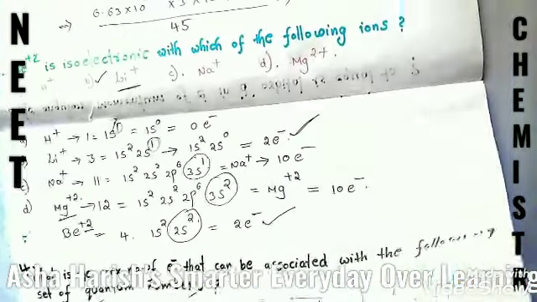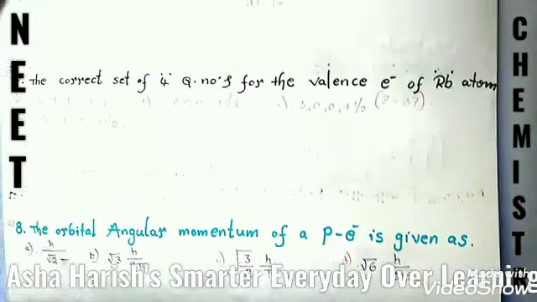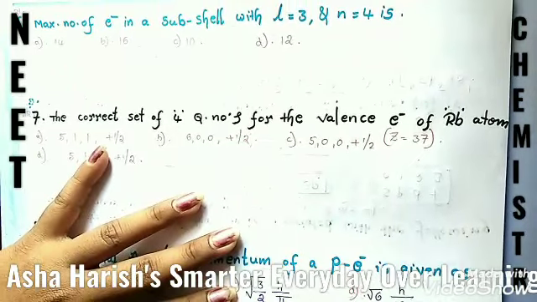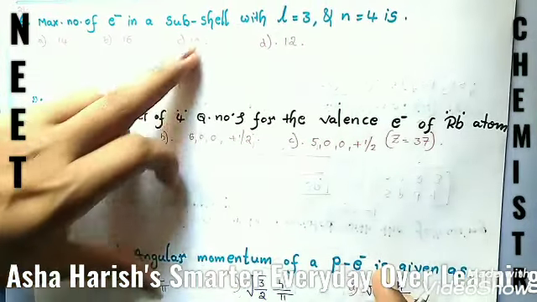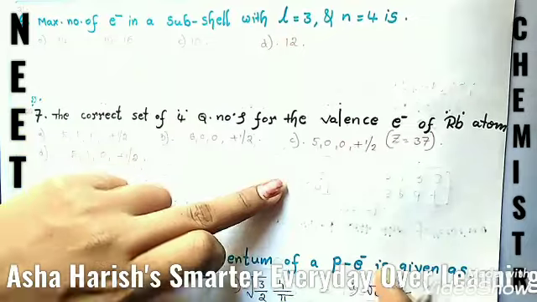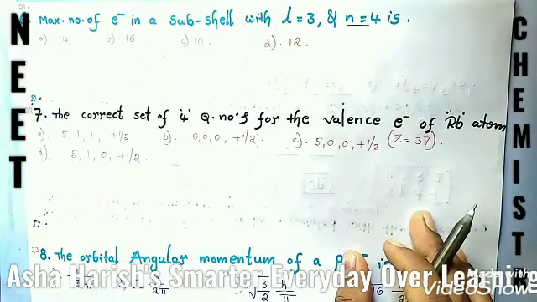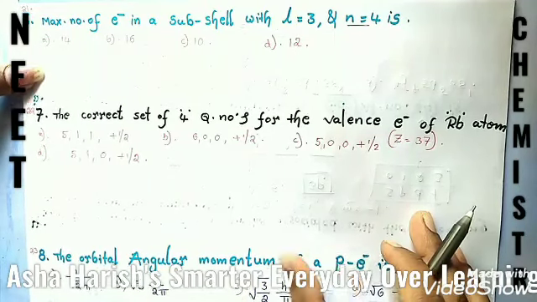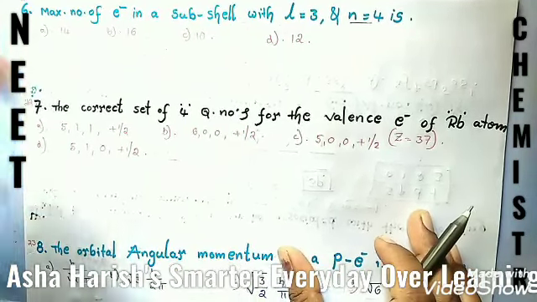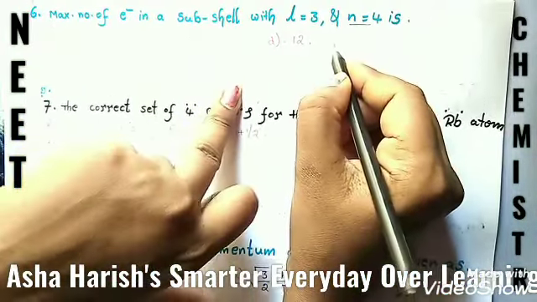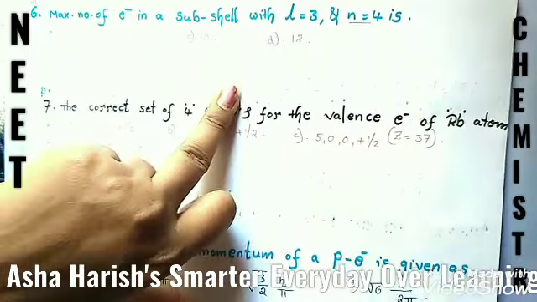Let's see the next question. Question number 6. The maximum number of electrons in a subshell with l equal to 3 and n equal to 4. The l value and n value are given. Let us see the answer. Suppose l is equal to 3 and n is equal to 4.